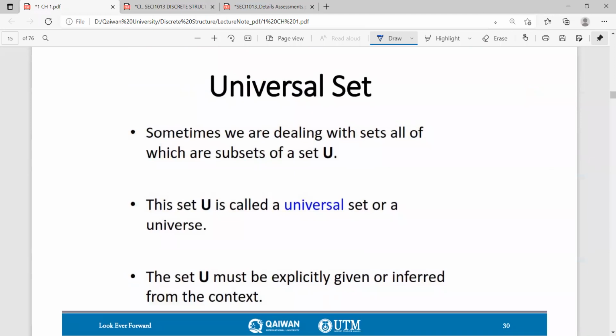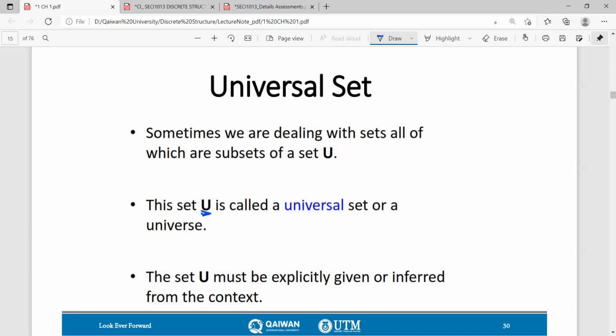Now we have universal sets. A universal set is the whole set. If you are given a universal set, all the other given sets must be subsets of the universal set.